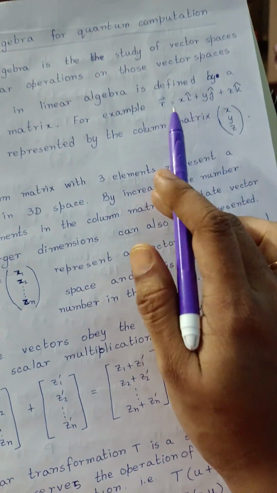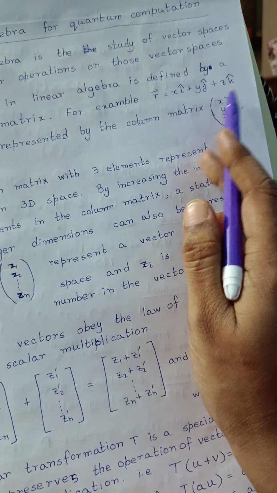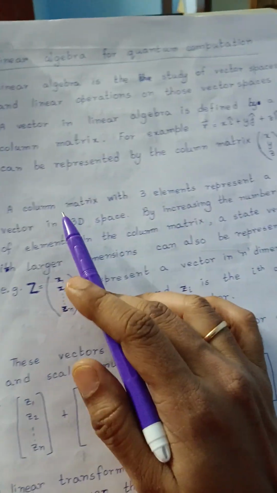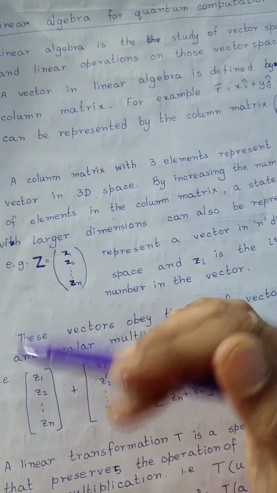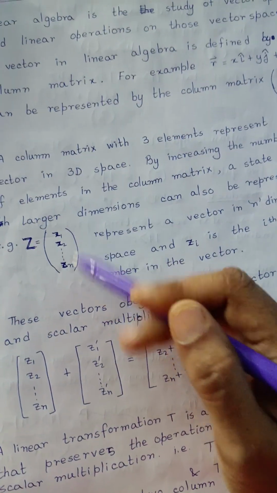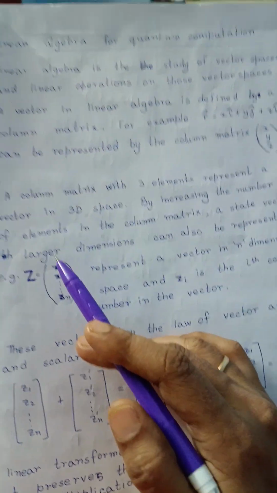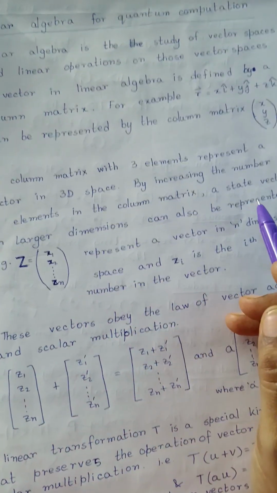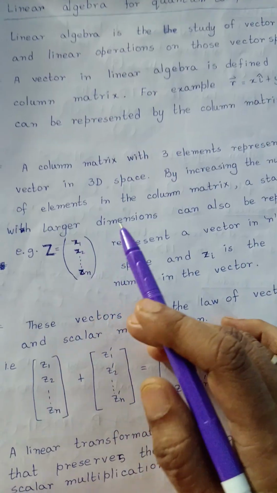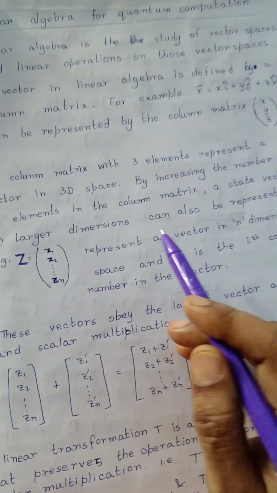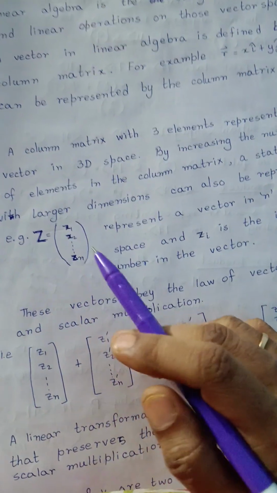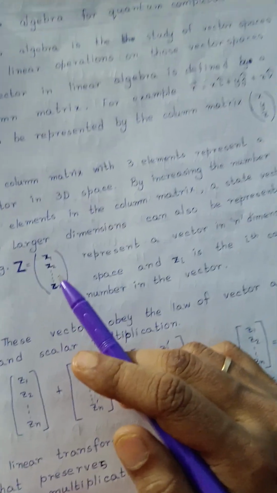The thing we have said just now, a position vector r = x i cap plus y j cap plus z k cap, is represented by x, y, z, and in a quantum system where we have n-dimensional systems, similarly by increasing the number of elements in the column matrix, a state vector with larger dimension, which happens in the case of a quantum system, can also be represented in linear algebra in terms of a column matrix having n number of elements.